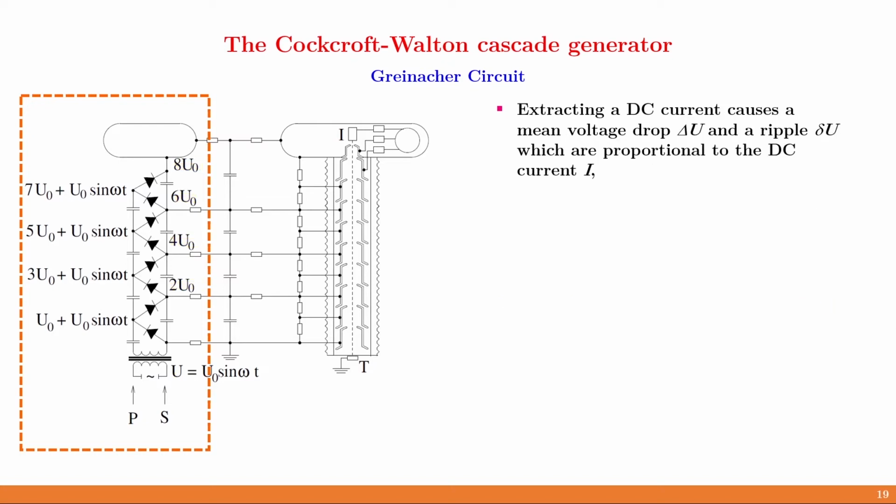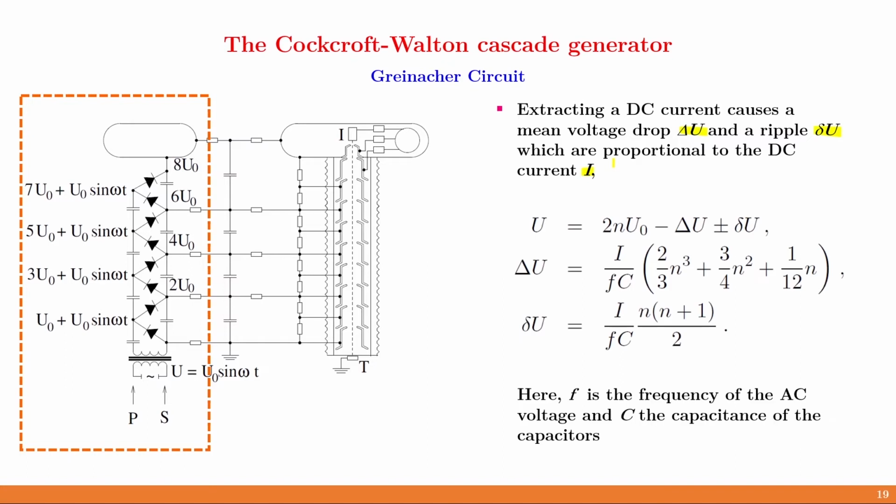Extracting a DC current causes a mean voltage drop ΔU and a ripple δU, which are proportional to the DC current I. And the total voltage is given by U equal to 2nU0 minus ΔU plus or minus δU, where ΔU is given by I by fC times (2/3 n cubed plus 3/4 n squared plus 1/12 n), and δU equals I by fC times (n plus 1/2).